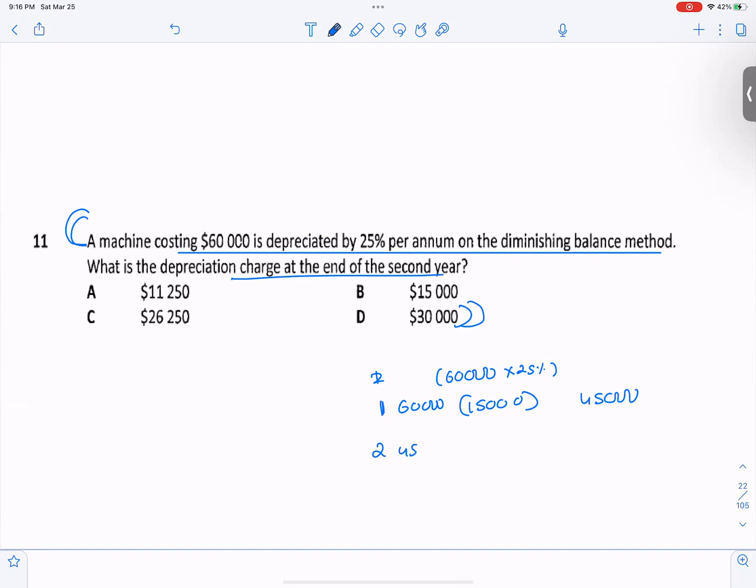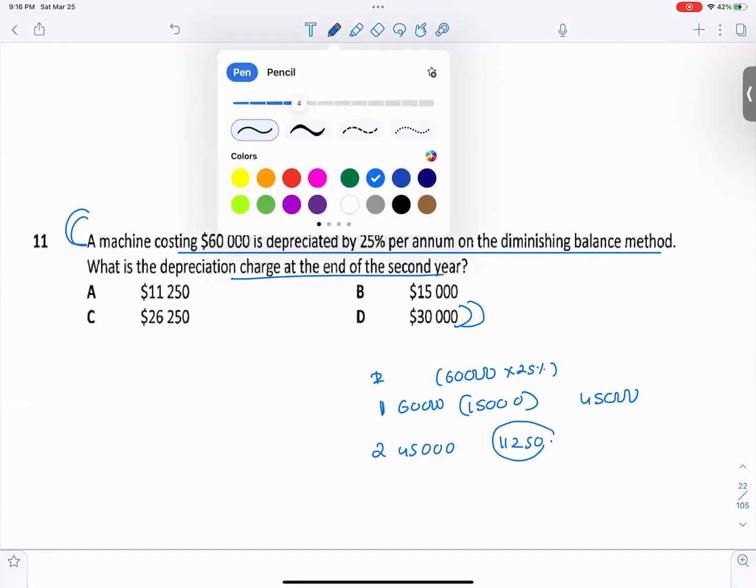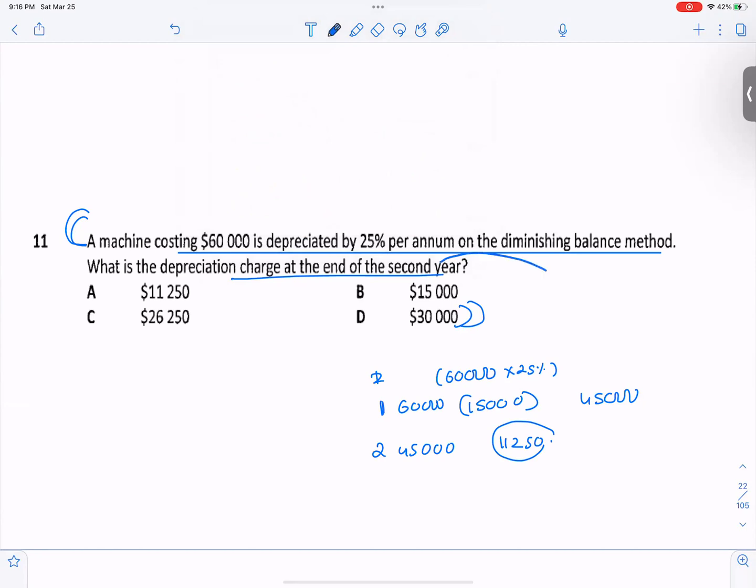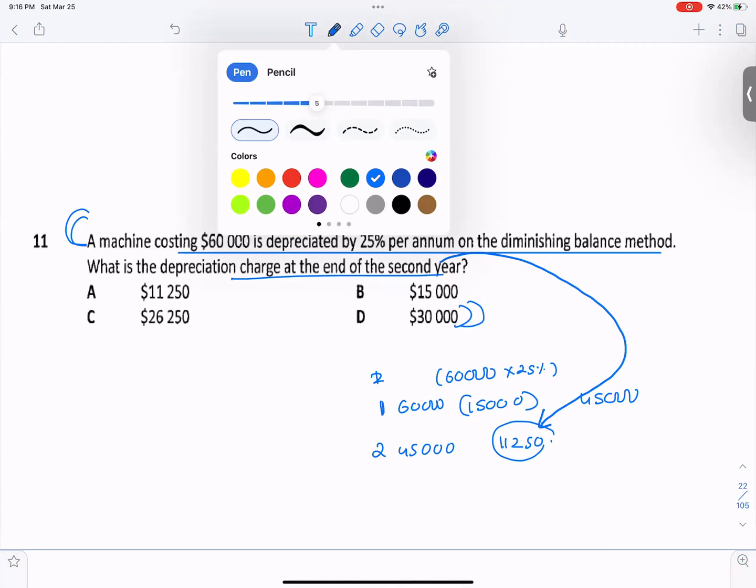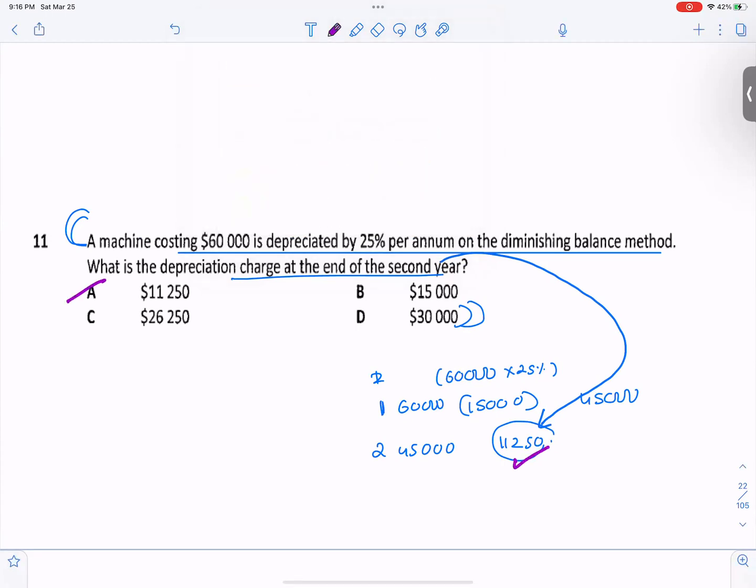Year 2 net book value is 45,000. 25% is 11,250. What is the depreciation charge at the end of year 2? 11,250. Yes?